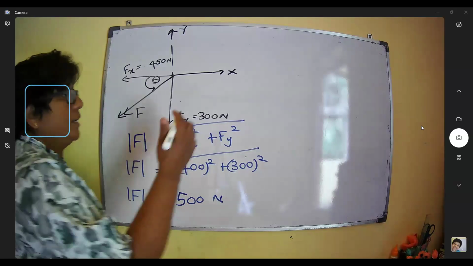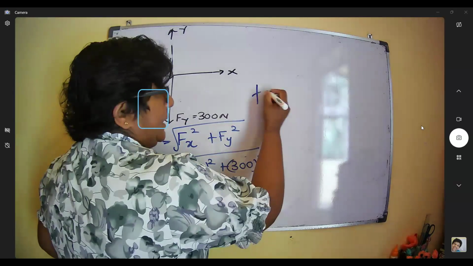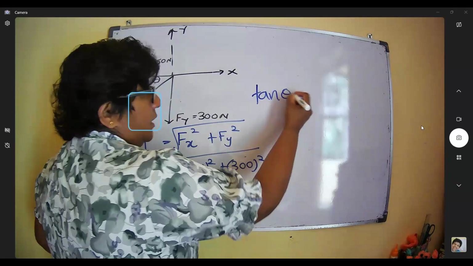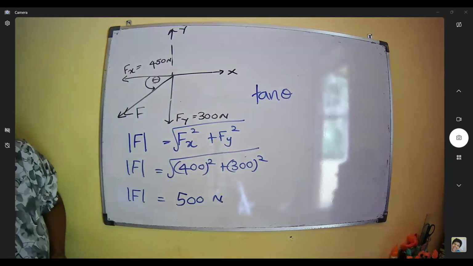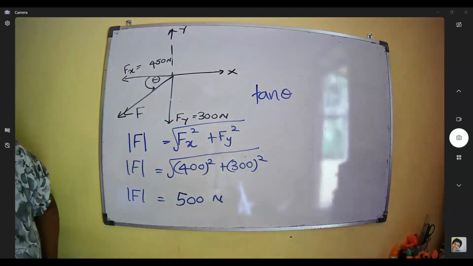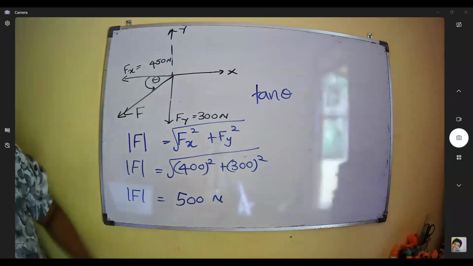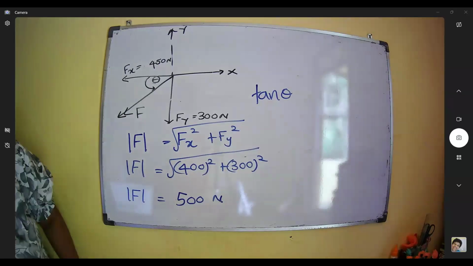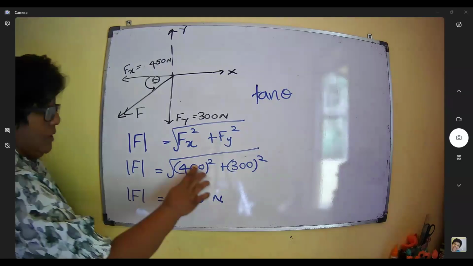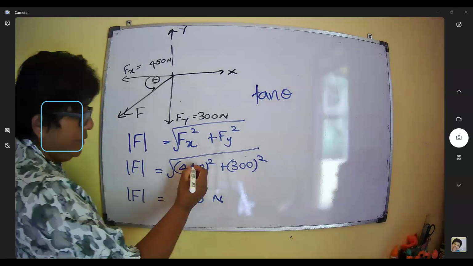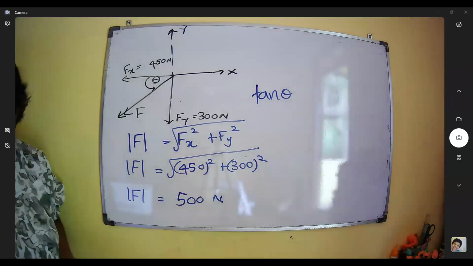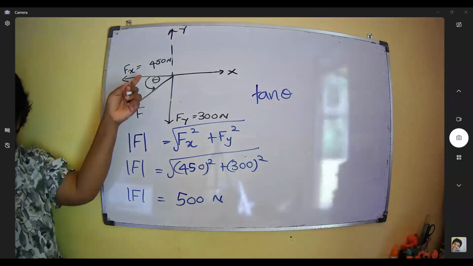Then what is the direction? Tan theta can be defined as... here not 400, 450, sorry. 450 plus 300, not 400; 450 is the given value, right?